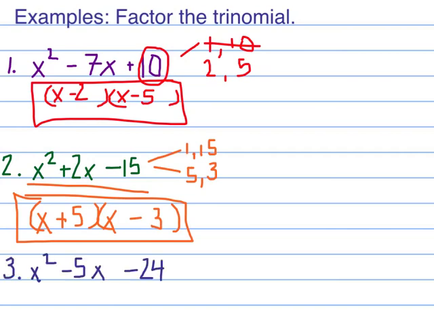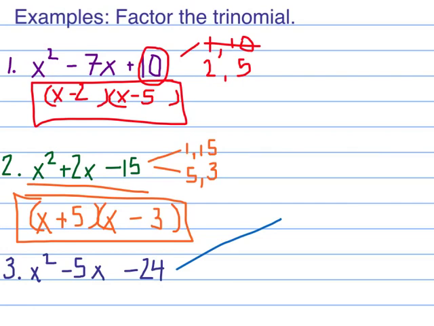Alright, the last one that I want to look at is x squared minus 5x minus 24. So we have this in the right order, x squared minus 5x minus 24. So what we want to do first is look at the factors of 24.